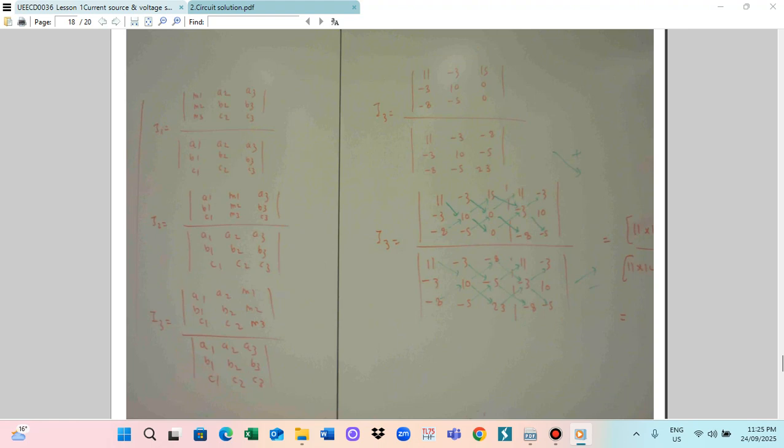Then again the 11, minus 3, minus 8, minus 3, 10, minus 5, and the denominator 11, minus 3, minus 8, minus 3, 10, minus 5, minus 8, minus 5, 23. Now we multiply with this correction.